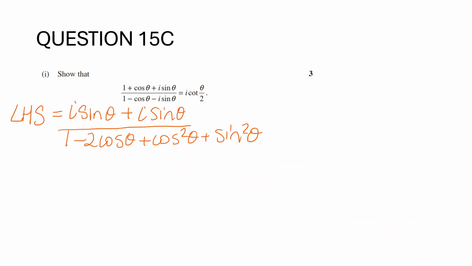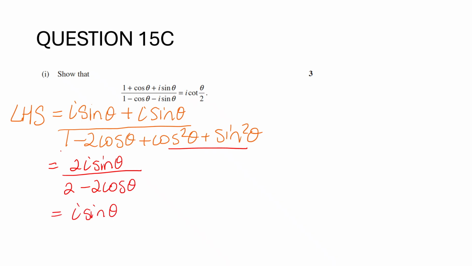So on the numerator, I have got 2i sine theta over 1 plus 1, so 2 take 2 cos theta, which is equal to i sine theta on 1 minus cos theta.